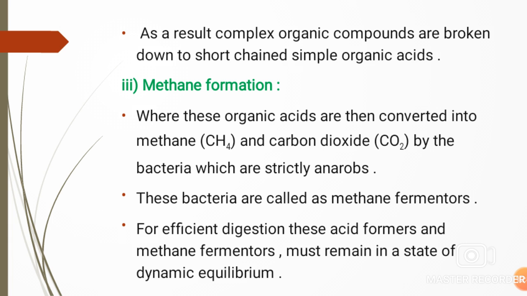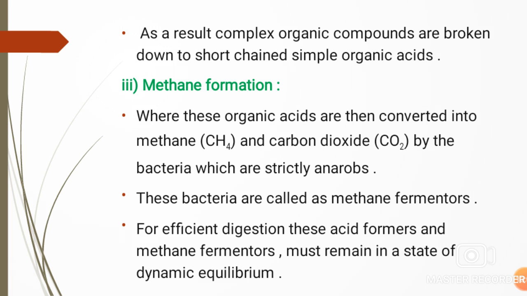For efficient digestion, these acid formers and methane fermenters must remain in a state of dynamic equilibrium. That means the dynamic equilibrium of the acid formers and methane fermenters must be maintained so that we get efficient digestion and better efficiency of the biogas plant.